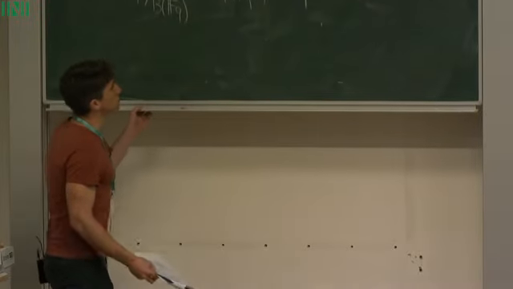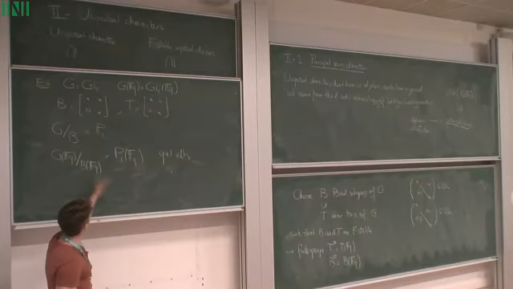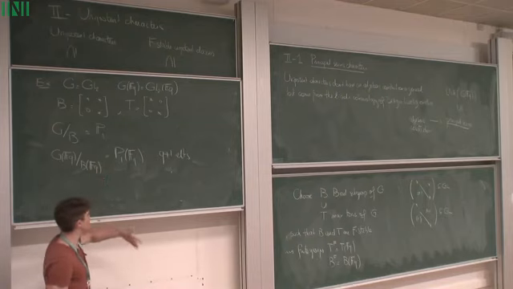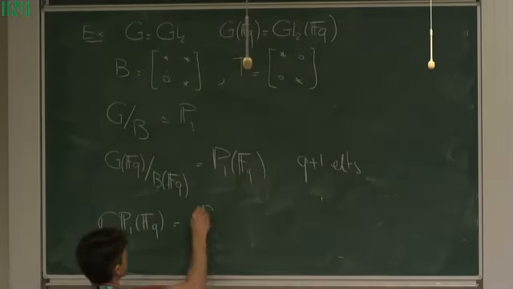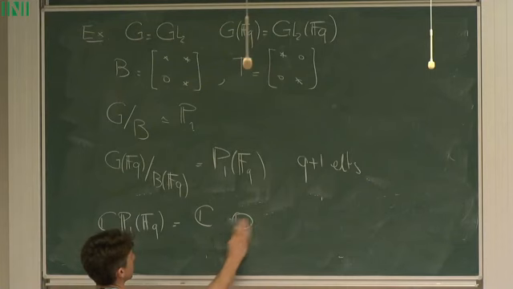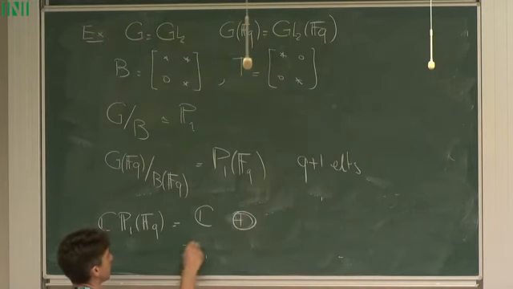When you have a permutation module, you can always look at the span of the vector which is the sum of the elements. This is invariant under the group, so you always have the trivial representation inside C[P^1(F_q)].